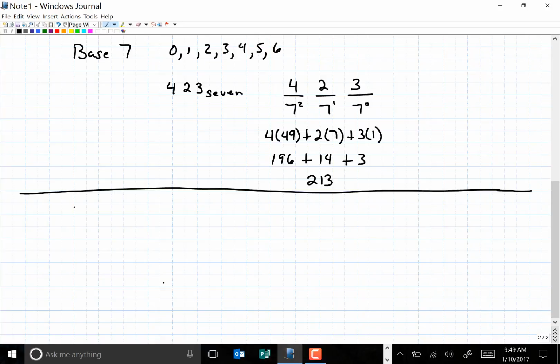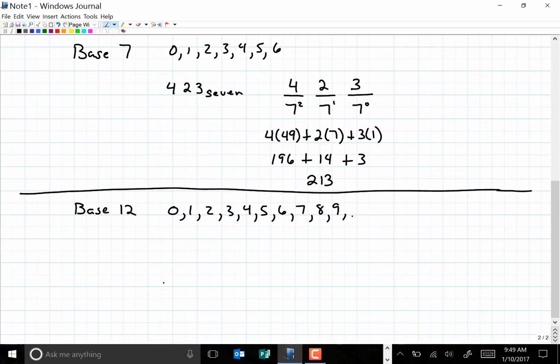Now, suppose I have a number in base 12. Okay, so since it's a base 12 number, we need 12 digits. So we can use 0, 1, 2, 3, 4, 5, 6, 7, 8, 9, and now we have a problem because I can't use the way we write 10 in base 10.